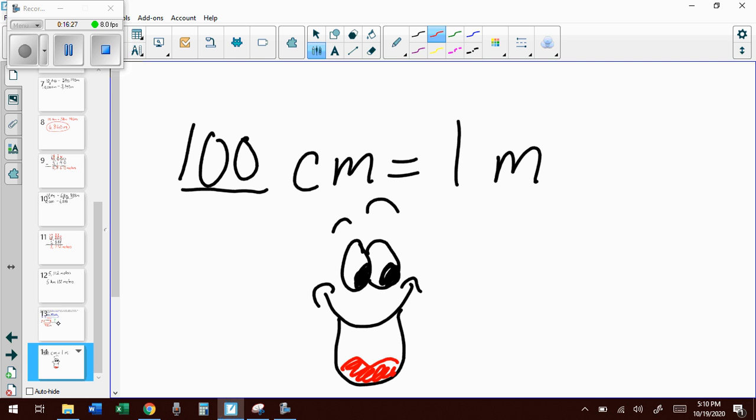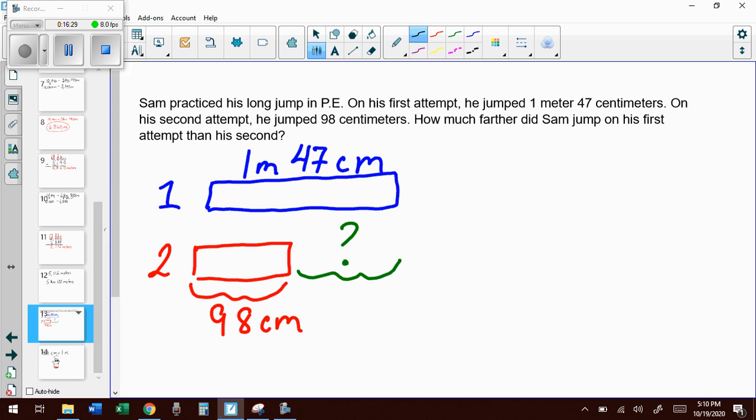Woo! So what's that do for us here? Well, I'll tell you one thing it does for us is that just like kilometers, we know now that 1 meter is 100 centimeters.